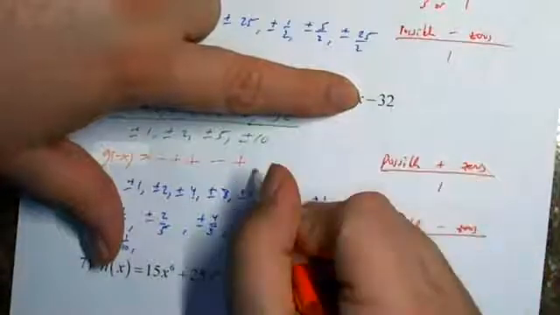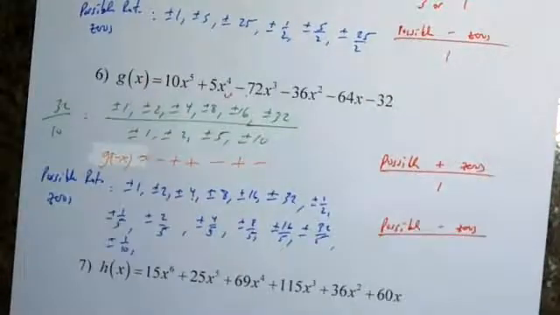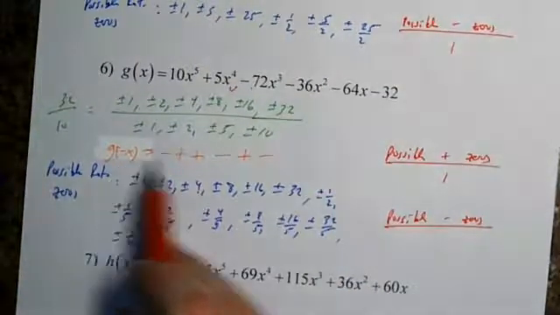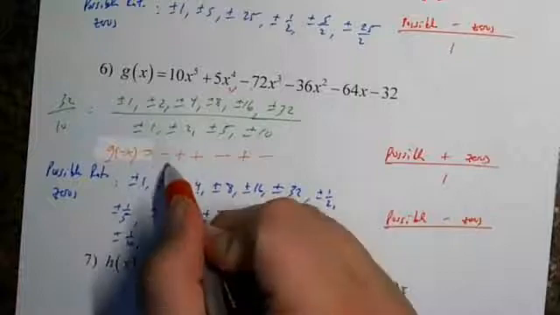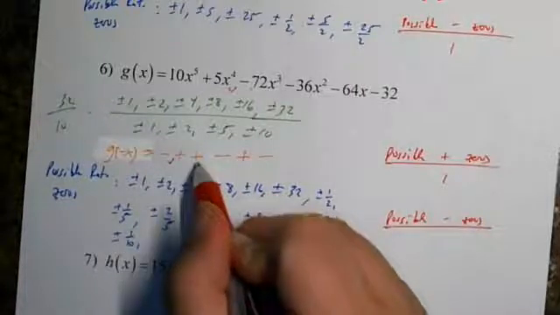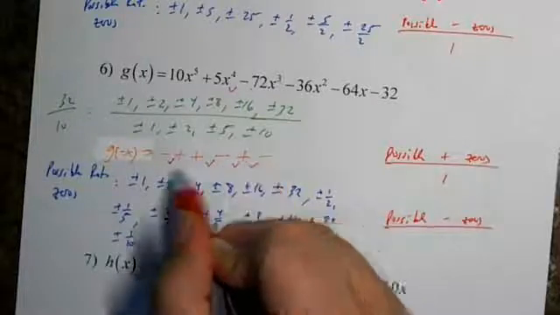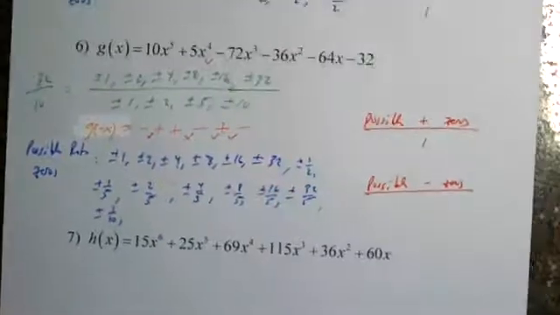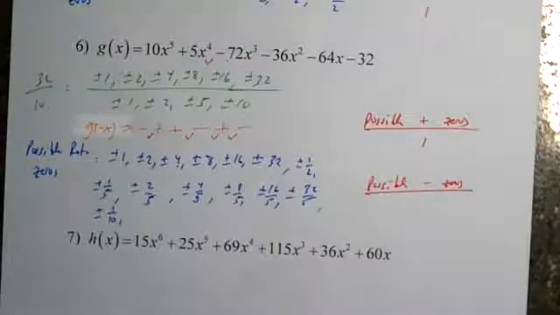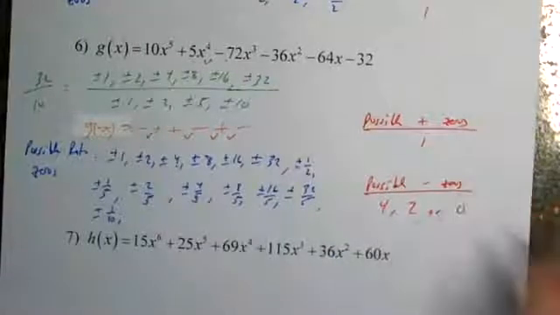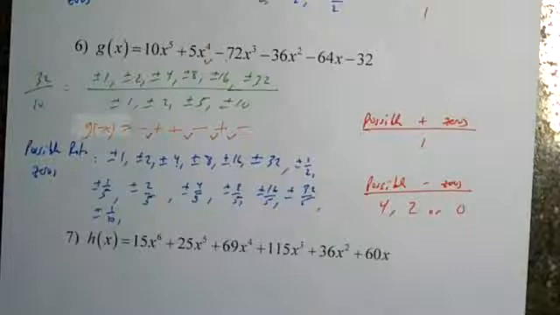Constant, never changes. Okay. So when I evaluated g of negative x, counting the sign changes: positive, positive, positive, negative, negative, positive, positive, negative. 1, 2, 3, 4 sign changes. So how many possible negative zeros? 4, 2, or 0. Keep subtracting by 2.